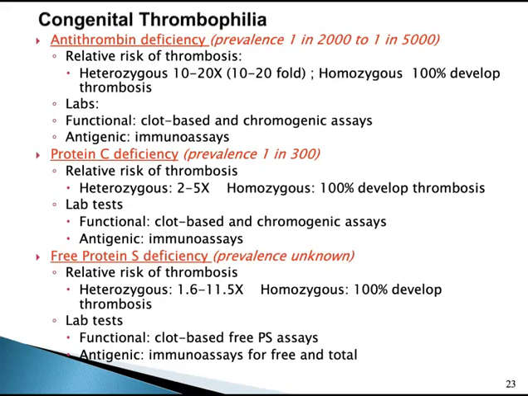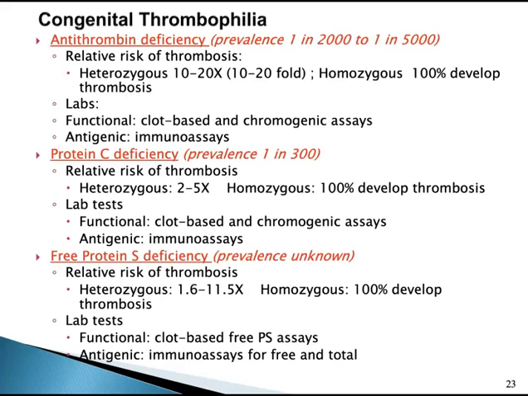Again, this is congenital antithrombin deficiency, so the patient can inherit this as a heterozygous or homozygous condition. And 100% of these patients develop thrombosis. So to detect this, we use clot-based or chromogenic assays, and also we can use immunoassays.